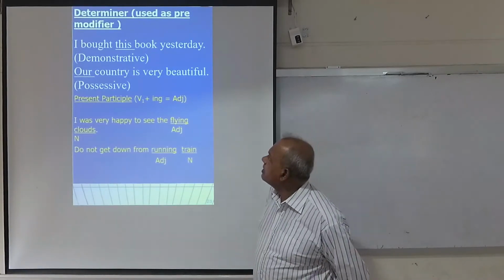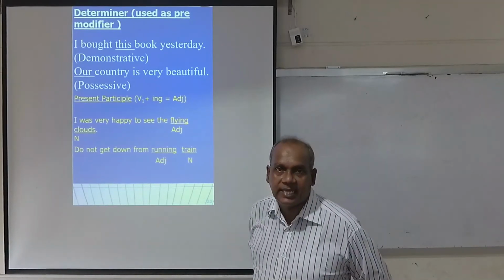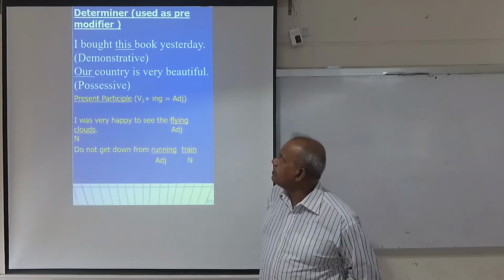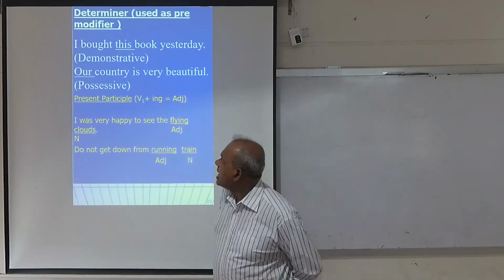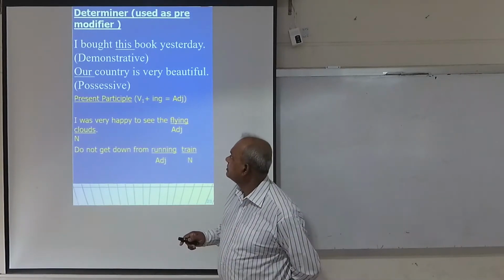Our country is very beautiful. You know, possessive: my, our, his, their. These words are known as possessive. Our is used here as possessive and it is used before a noun, country.